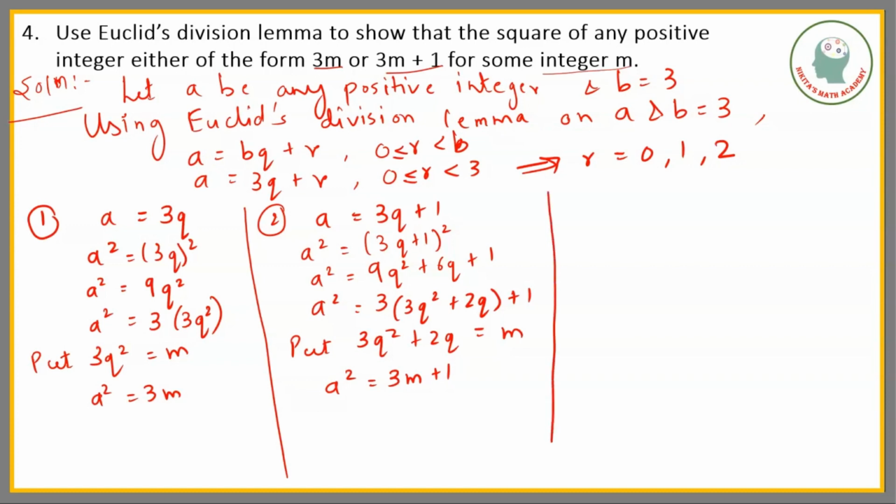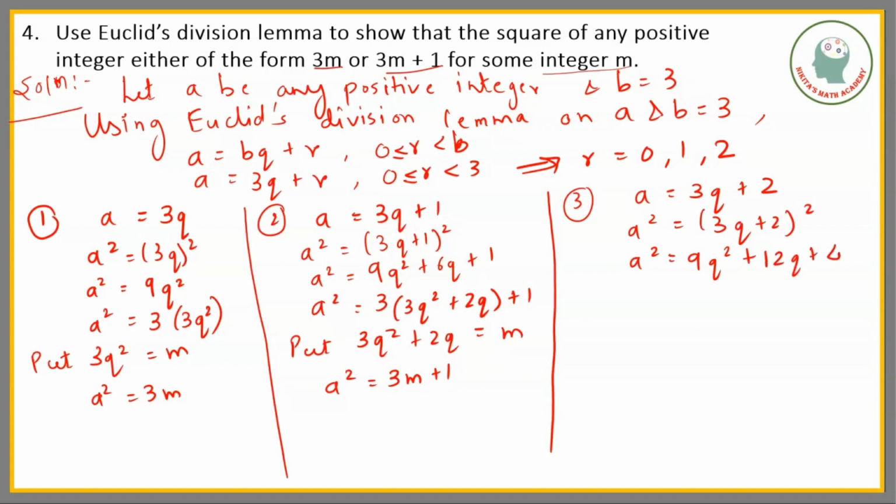Now the last case, when the value of r is 2. So the third case is a equals 3q plus 2. Let's do the same thing. We square both sides, so a squared equals 9q squared plus 12q plus 4.